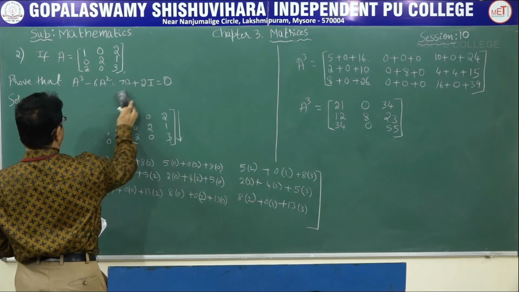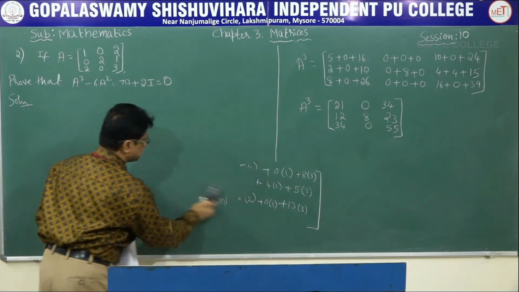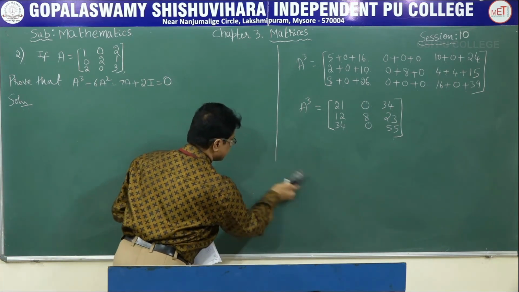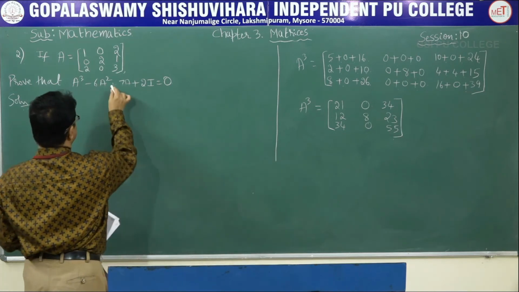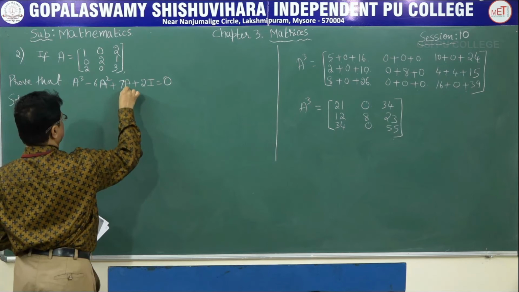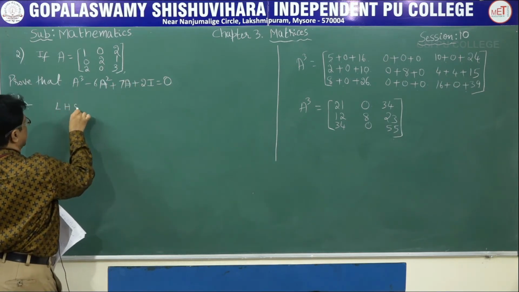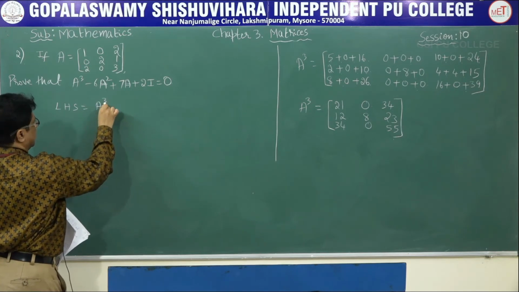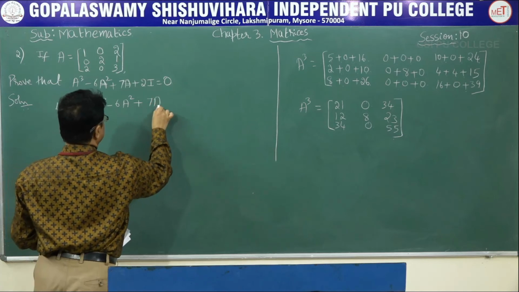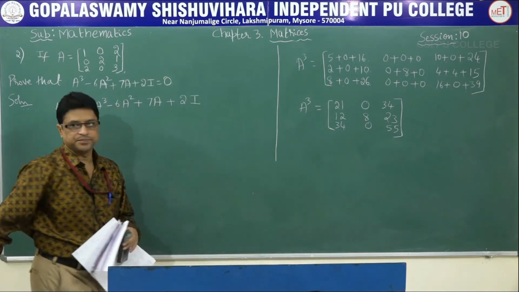Next we shall consider the LHS of the given problem. So LHS equals A cube minus 6A square plus 7A plus 2I.